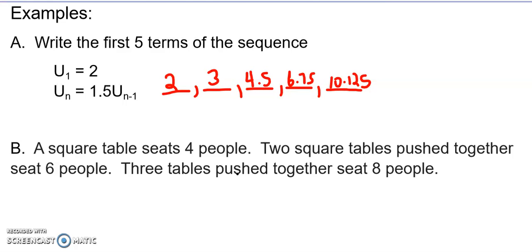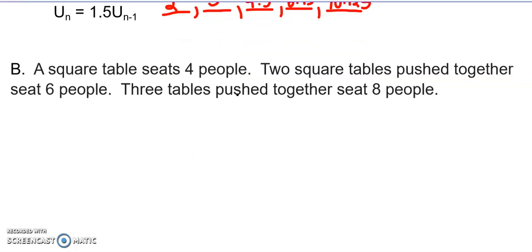So, of course, in math, we always have to add our word problems in there. A square table seats 4 people. 2 square tables put together seat 6 people. So I'm going to draw this out because I always like to make a picture of a word problem. So I'm seating 4 people. That's my first number in my sequence, 4. And then it says 2 tables pushed together.